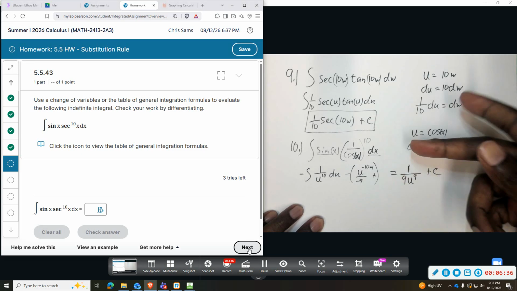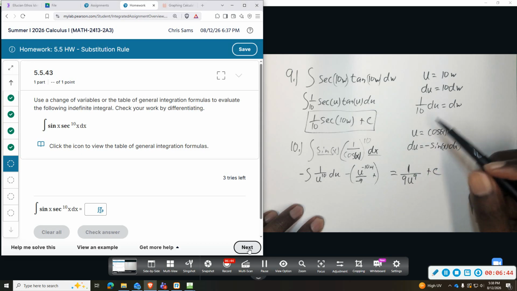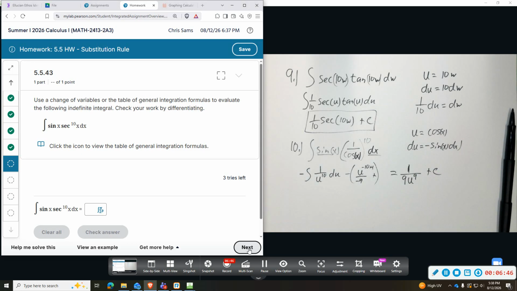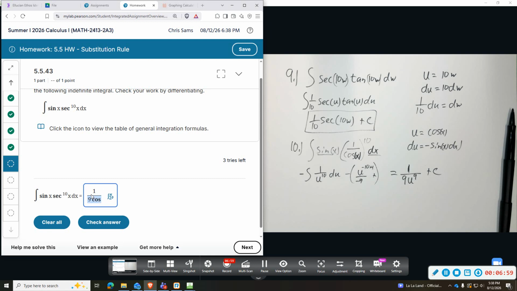If we want, we can just go ahead and write it as secant, so we can write secant to the 9th divided by 9. However we want to write it, it should work out. I'm going to write it as 1 over cosine of x raised to the 9th plus c, just to see if it says it's equal to the correct answer, but maybe not in the right form since we rewrote it.